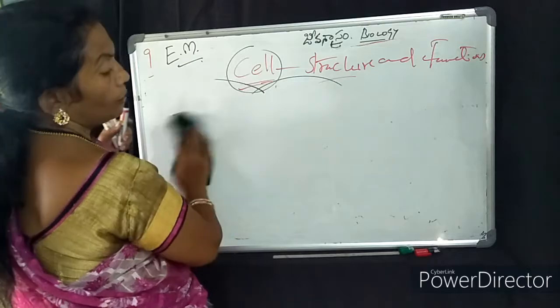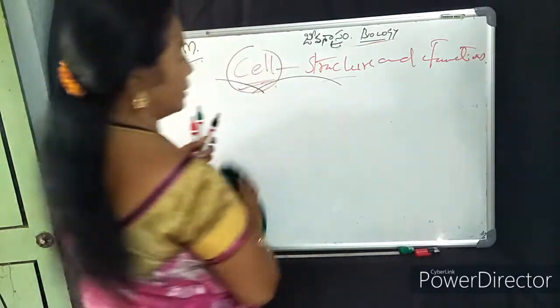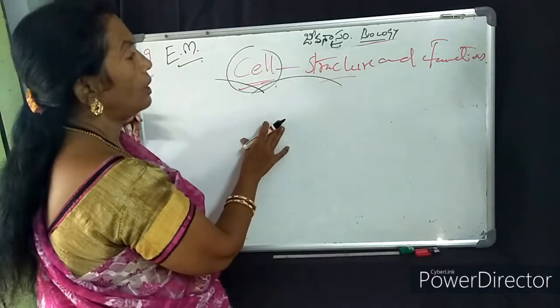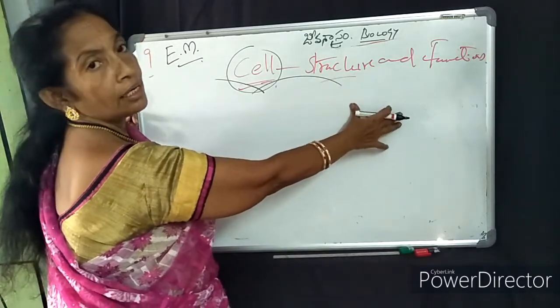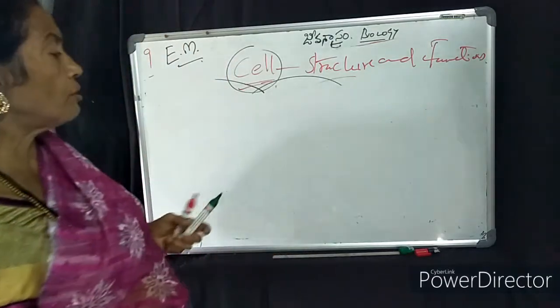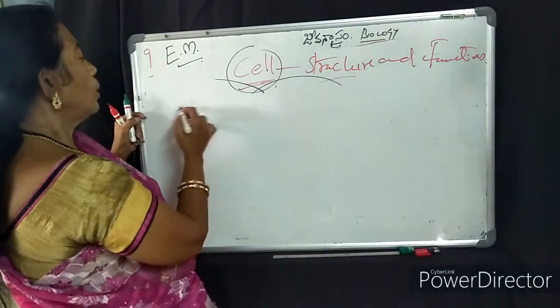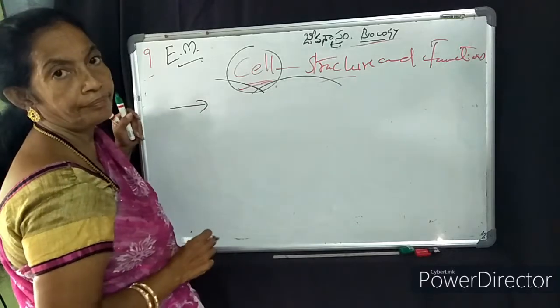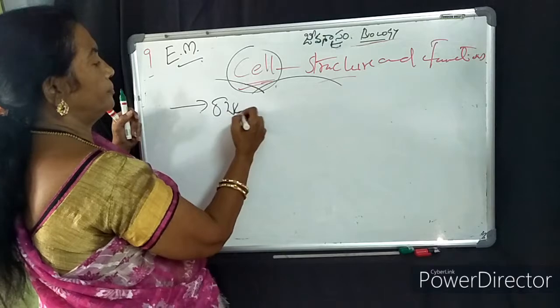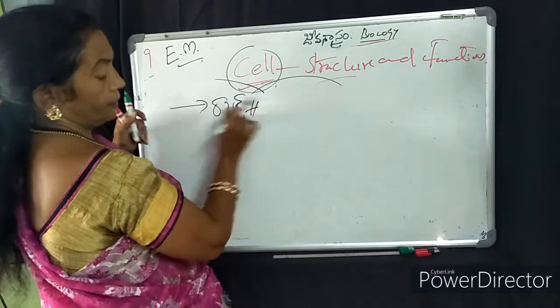Now when you come to 9th class, you should learn what a cell is, what the structure of the cell is, and what the functions of the cell are. So first, who invented the cell? Robert Hooke.